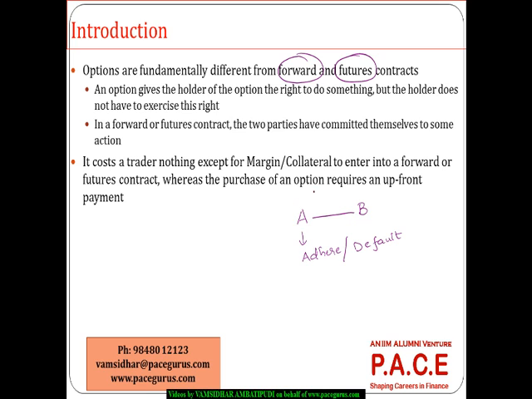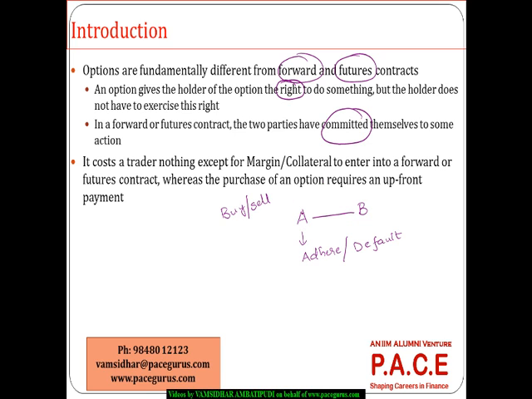Whereas in case of options, it is giving a right but not the obligation to buy or sell something in future. So it is giving a right, not the obligation, whereas in forwards and futures, both the parties have a commitment. Both of them have to adhere to the contract.